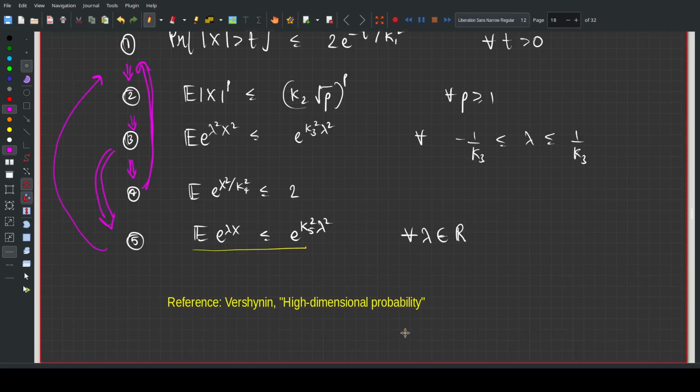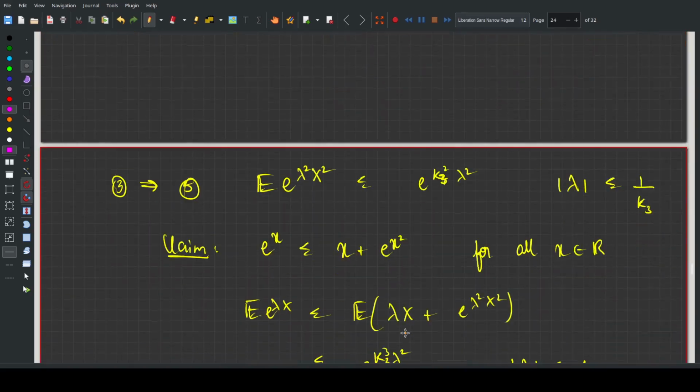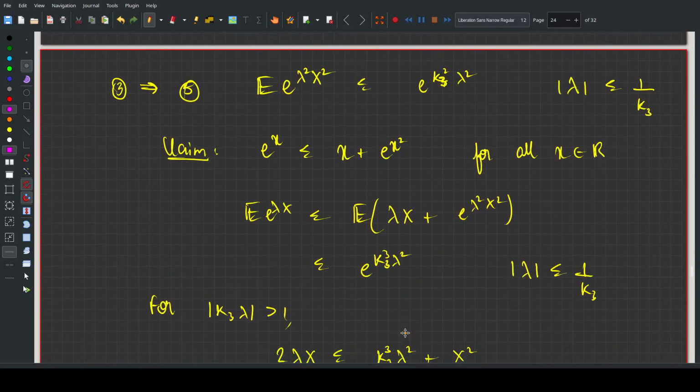Okay, so towards the end, we were trying to prove that 3 implies 5. Effectively, we know that the expected value of e to the lambda square x square is less than or equal to e to the some constant times lambda square for lambda being in a certain range.